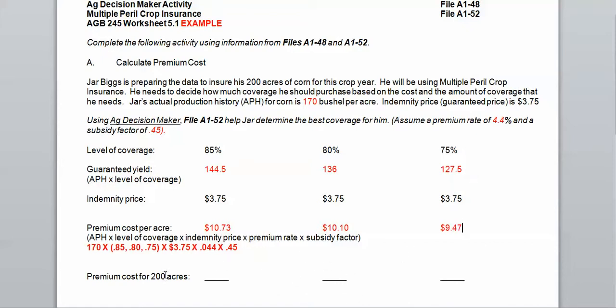So to figure out our total premium cost for 200 acres, that's quite simple. We just take our cost per acre times 200 acres. For 85% coverage, it's $2,146. For 80% coverage, it's $2,020. And for 75% coverage, it's $1,893.38.